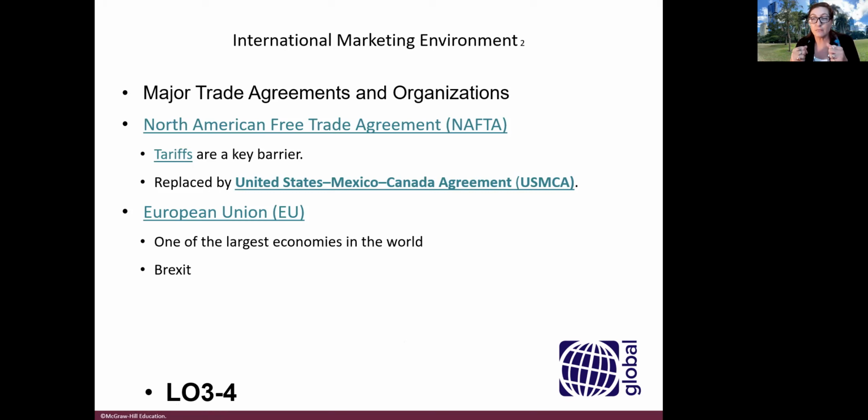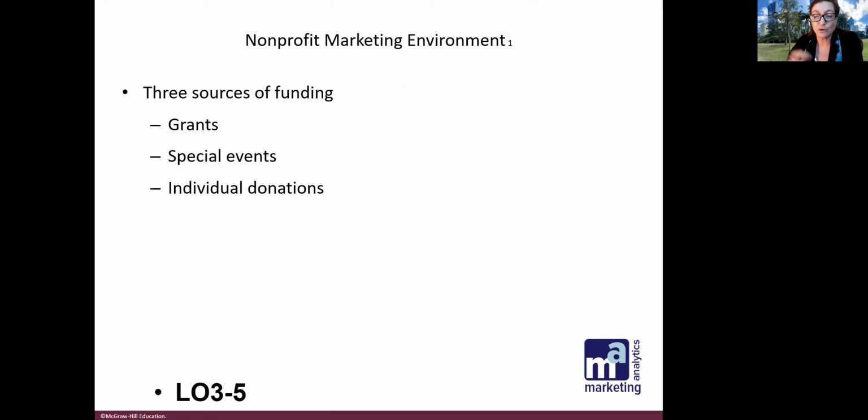So we can make reference to the North American Free Trade Agreement, which in 2020 was revised as the USMCA. And this is about the United States, Mexico, and Canada facilitating trade across their borders. Another very important international trading bloc is, of course, the European Union, which Britain decided to exit officially in the last, what was that, in the last 12 months. Okay.